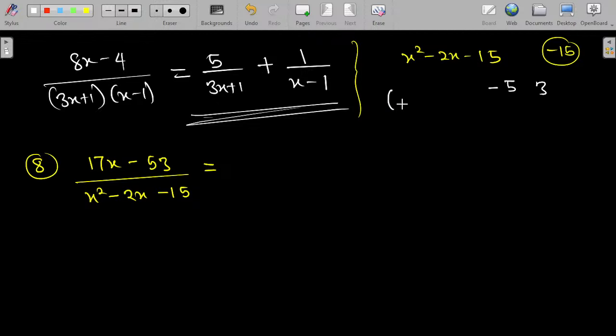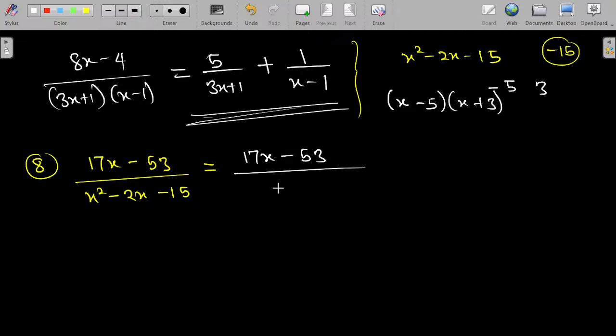Since the coefficient of x squared is 1, remember the approach I always tell you to use. You open two brackets and put in your x in both of them. Now carry these two factors that you got, attach minus 5 here and attach plus 3 here, and you are done. So bring the same under as the denominator here.